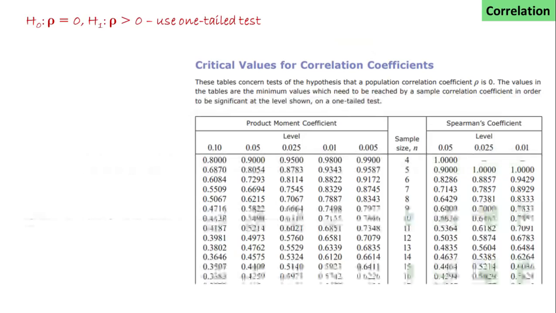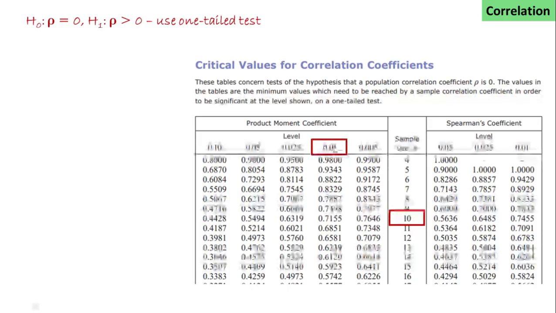Now, to do this, we have to refer to page 37 of our formula booklet and look at the critical values for correlation coefficients. To find the critical value in this case, we have to identify the sample size, which is 10, and the significance level, 0.01, 1%. That tells us that the critical value is 0.7155.